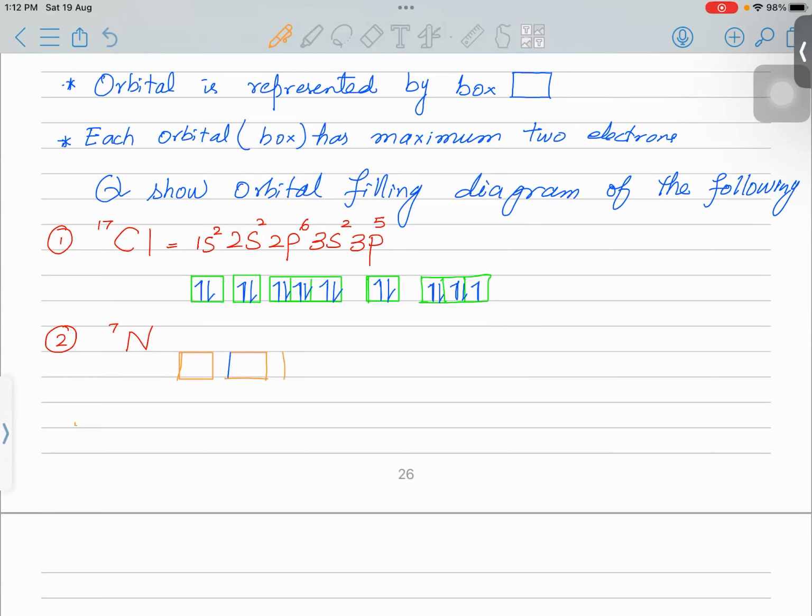1s2, 2s2, and then 2p. Now look at this: 1s2, 2s2, now 2p3. So this filling is wrong.